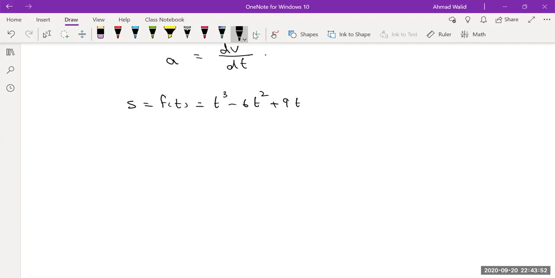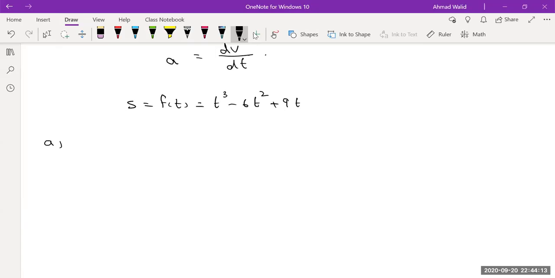A function of position is given to you, correct? Part A of this problem: find the velocity at time t. It means find the velocity function. Very easy. Velocity is the first derivative of the position function.